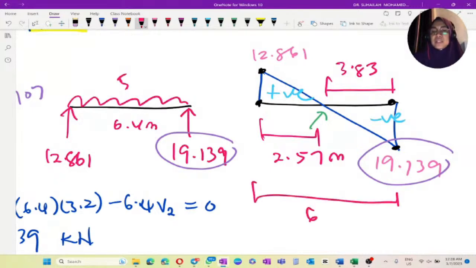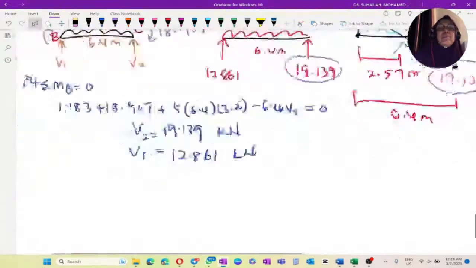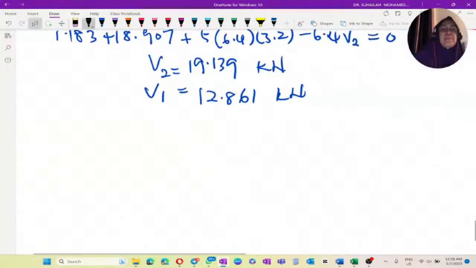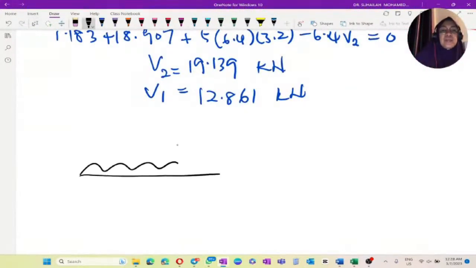Total is 6.4 meter. Okay, now we want to draw the bending moment diagram for member BC. So this is BC, UDL, this is 5 kilonewton per meter. This is 6.4.